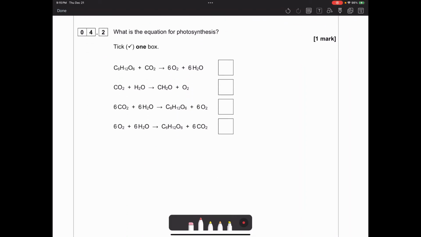Question 4.2, what is the equation for photosynthesis? Well, we should remember that plants take in carbon dioxide from the air, they react it with water, and they produce glucose, which is the food, the whole point of photosynthesis, and oxygen.